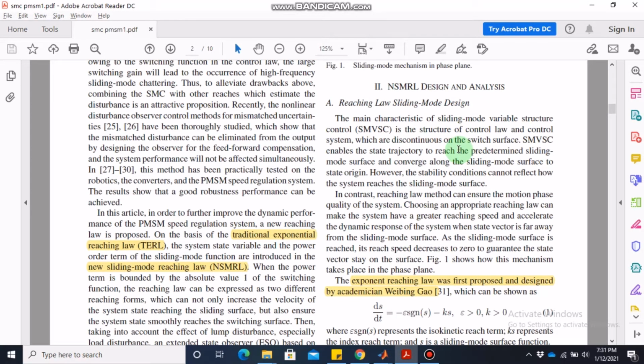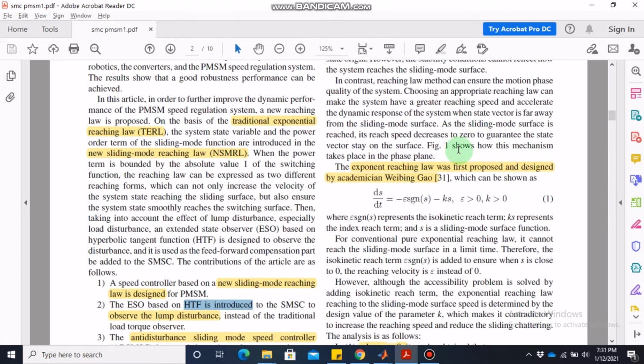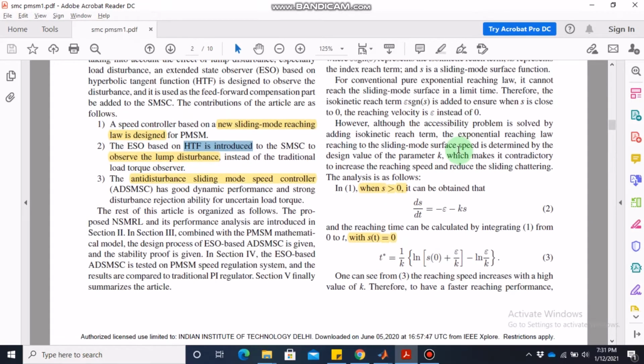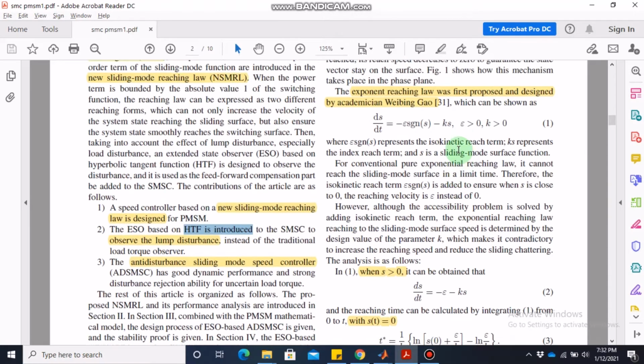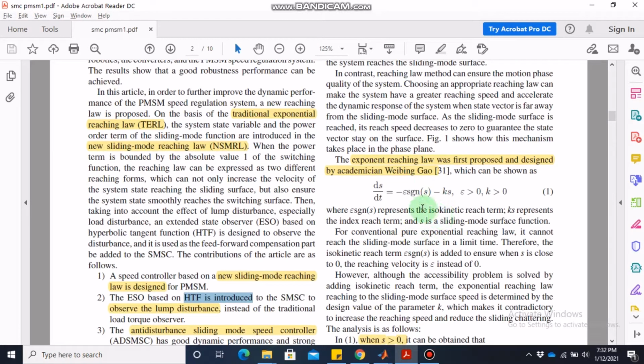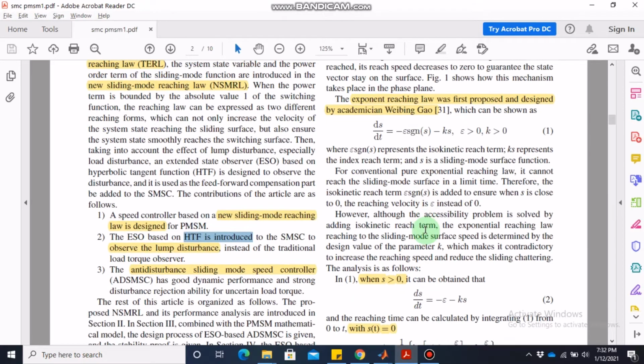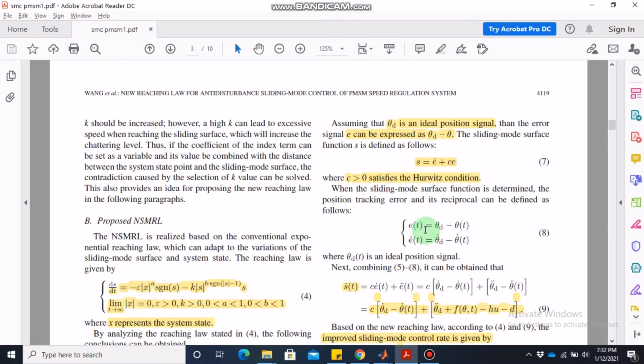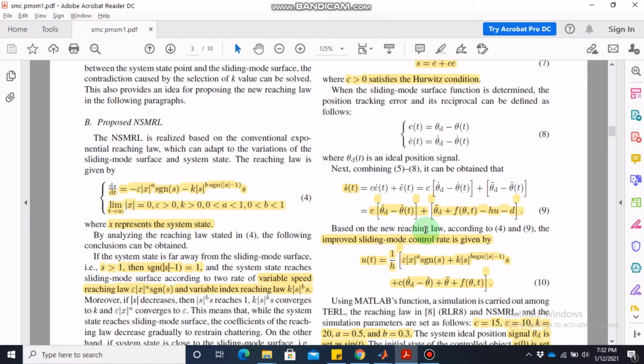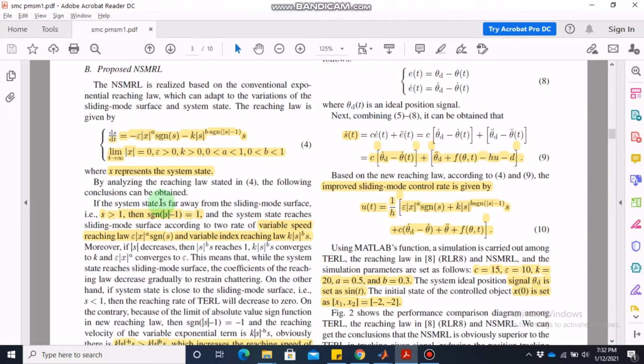I am not going to go into the basics of sliding mode control because I have already made quite a few videos about it on my channel, and you can go back to those videos, which explain the basics of sliding mode control, how the sliding surface is selected, and what the role of the derivative of the sliding surface is. We are going to go down to business straight away in this video.